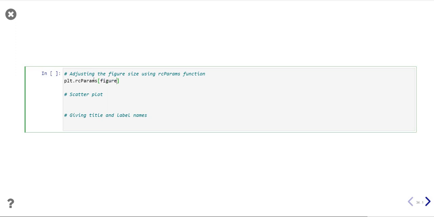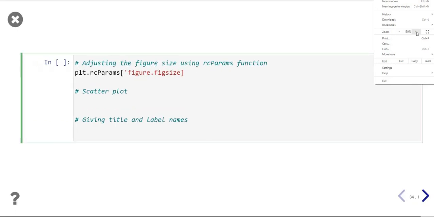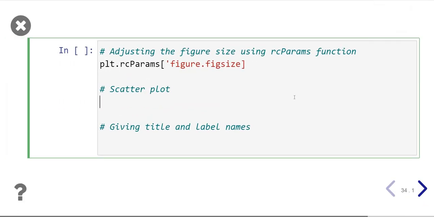So the figure and the figsize. You have to use a single quote. Under the RC params, you have to define the figure size, figsize, and you can determine this as 6 by 4.